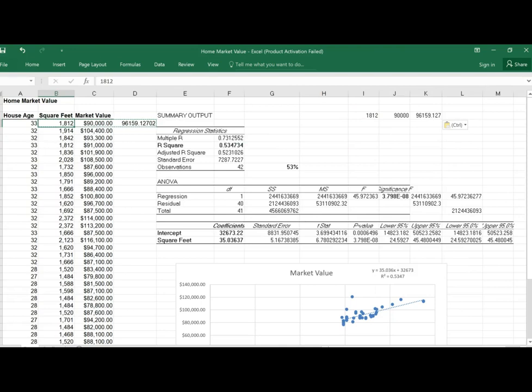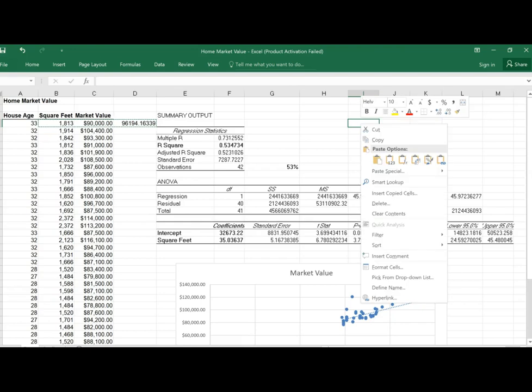Because I already had this formula set up, I want to change one thing. What if instead of having a house that was 1,812 square feet, it was 1,813 square feet? If I've got 1,813 square feet, that formula automatically calculates the value that the model predicts.